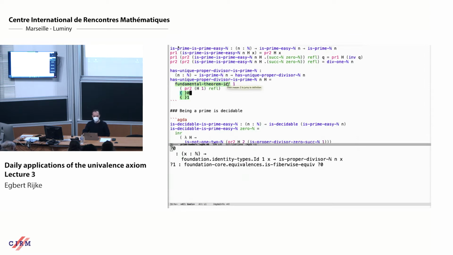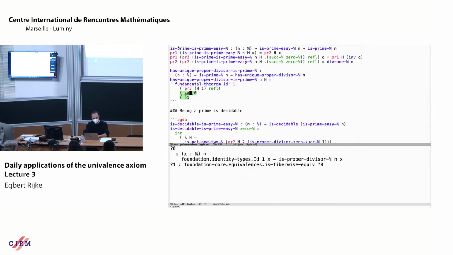Yeah, okay. So why should there be 1 here? It's that 1 is going to be the only proper divisor of the natural number, so it's going to be at the center of contraction. And this fundamental theorem is about center of contraction, so that's why that should be a 1.